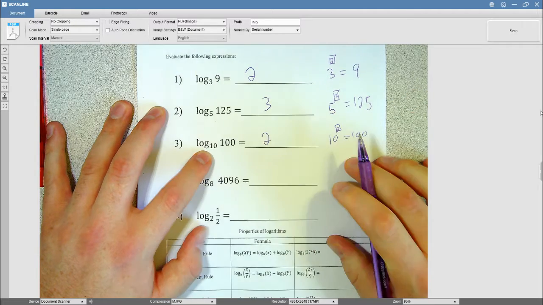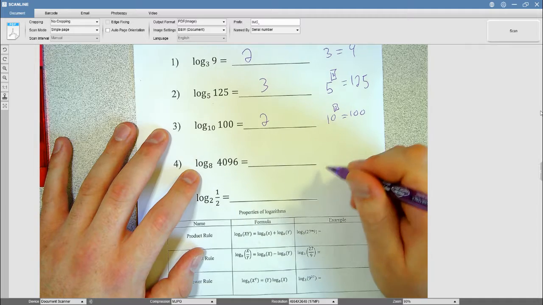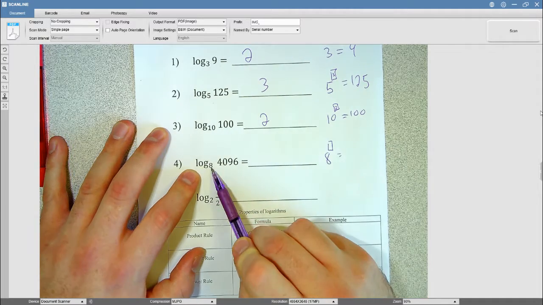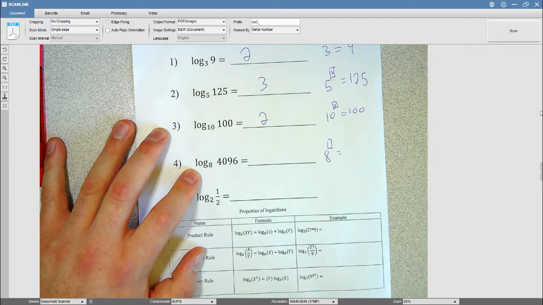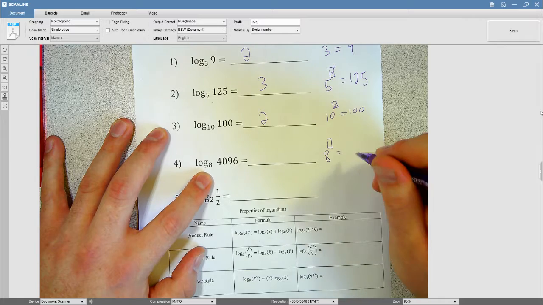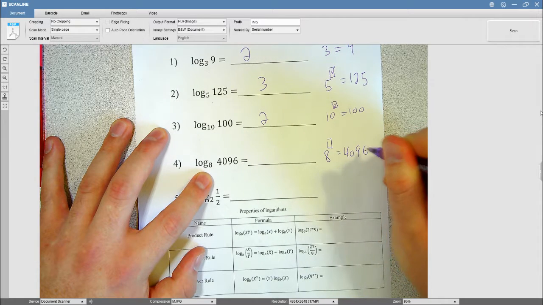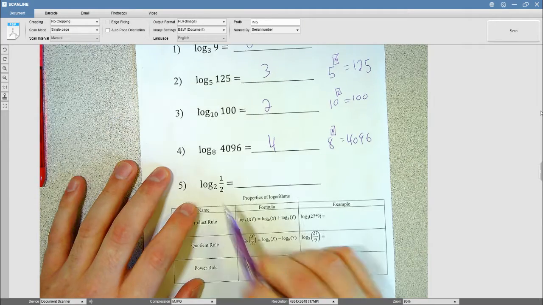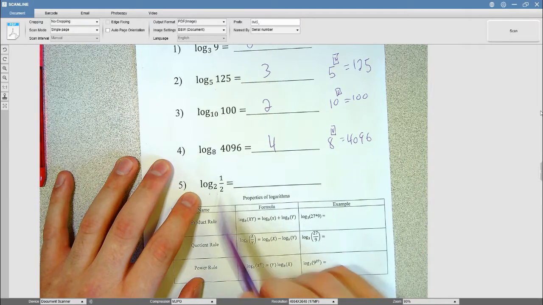The second power. Now this one is fun. Also, log base 8 of 4096. Well, what power do I need to raise 8 to make it 4096? It's actually 4.